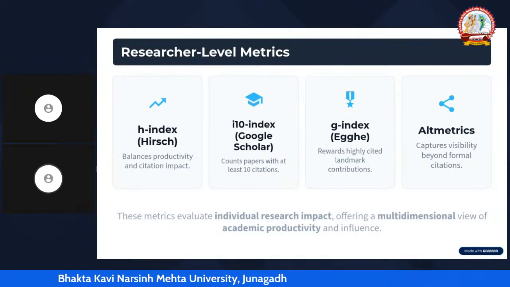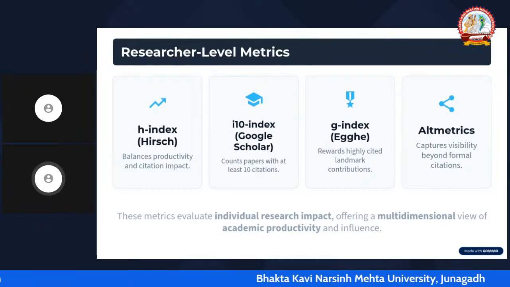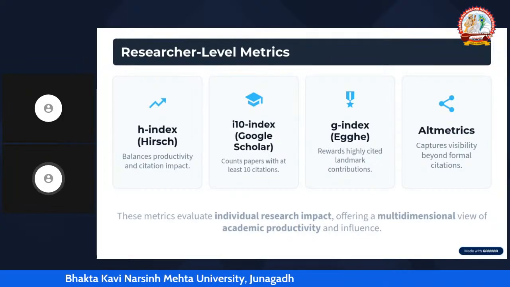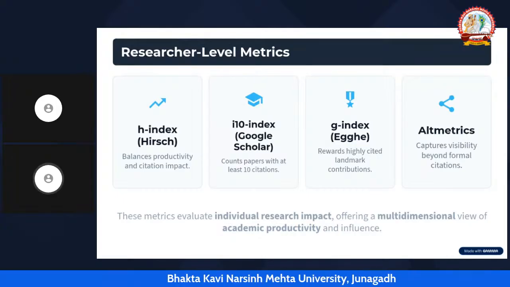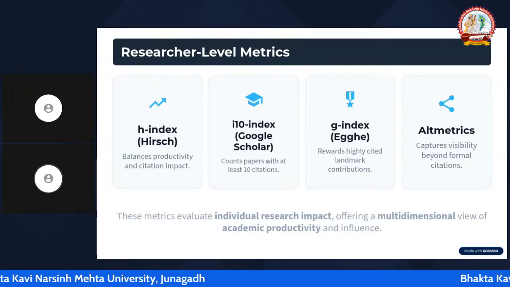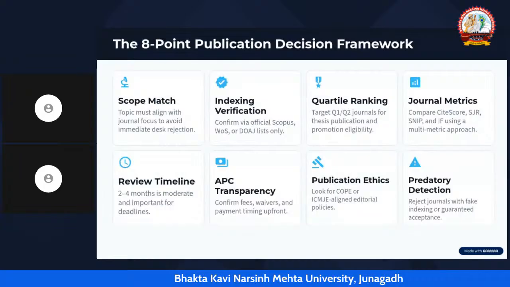Next agenda, we are discussing the H-index, i10 index, G-index, and Altmetrics. Altmetrics is a newly introduced concept, and in that we also measure the citations or reach of the paper within publicly available data sets or platforms. Likewise, LinkedIn, YouTube, these are the social media we can collect in Altmetrics.